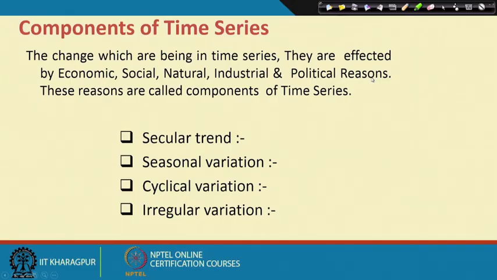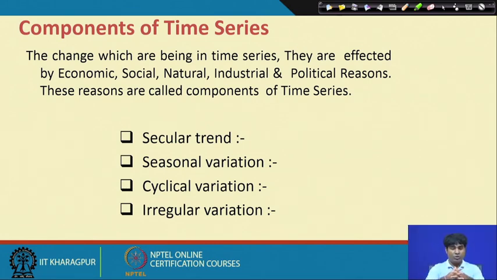So, now after knowing all these techniques, we will move to the structure. There are many things we are supposed to know under time series. Some of these are called components of time series.